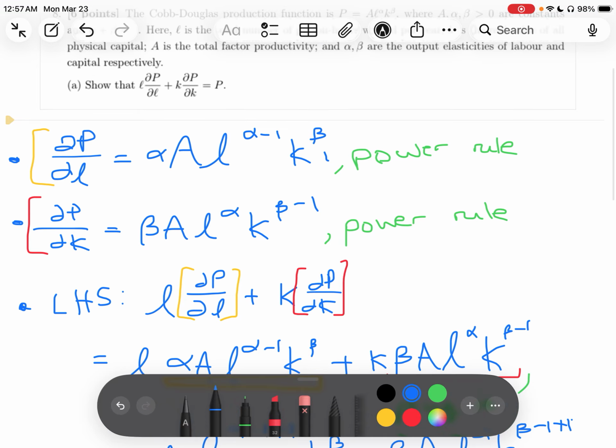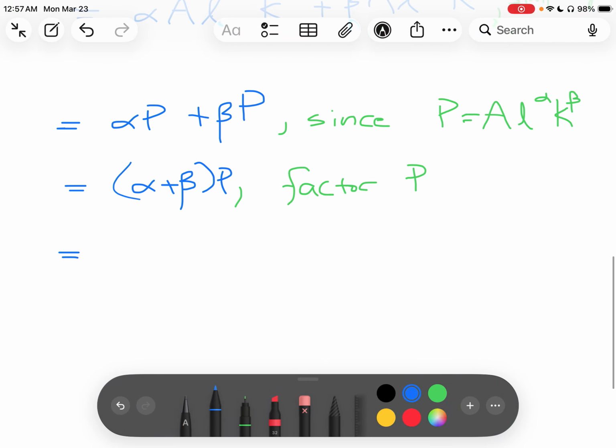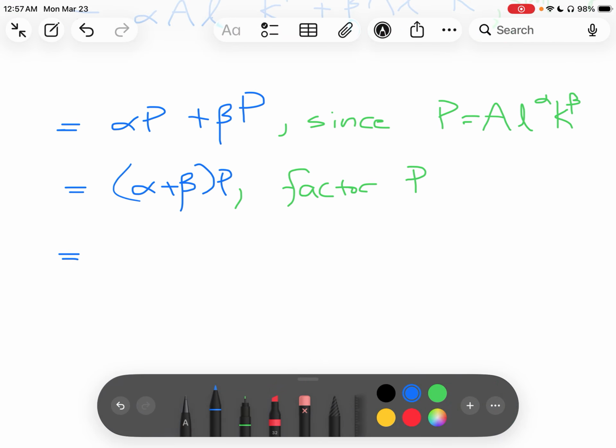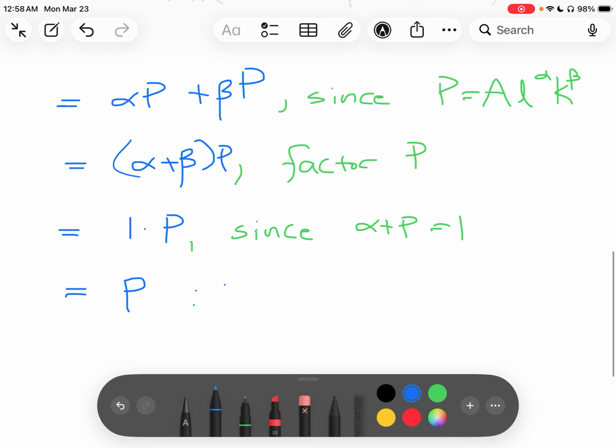So if alpha plus beta is 1, then we have 1 times P, right? So this is since alpha plus beta equals 1. And then we're just going to simplify what's 1 times P. Well, 1 times P is just P, right? And well, now we get the right-hand side.